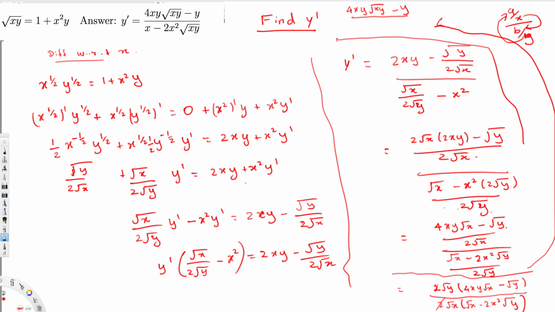If I multiply this one by square root of x, this is going to become x, minus, if I multiply this one by square root of x, this will become 2x square root of xy. So this is the final answer we got, and let's check it with this one. So 4xy square root of xy minus y, over x minus 2x squared square root of xy. So this is the final answer and we correctly derived it.